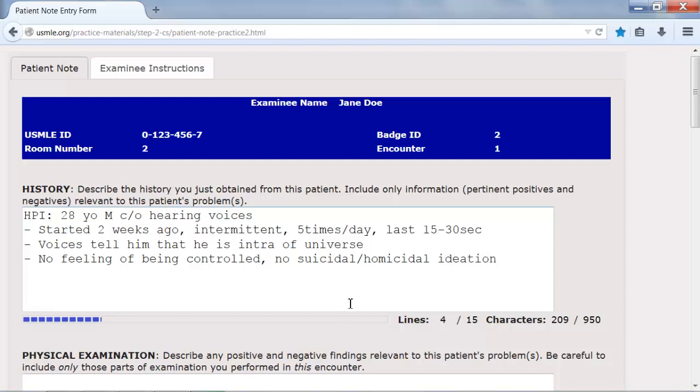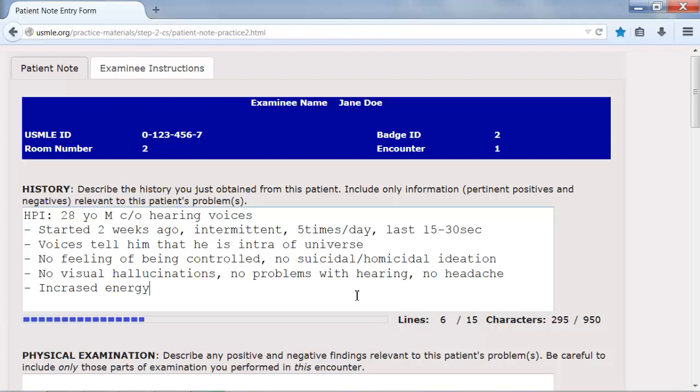Always ask about suicidal and homicidal ideation. So always, if you suspect bipolar disorder, let's say a patient tells you those findings of mania, you always have to ask him about episodes of depression.